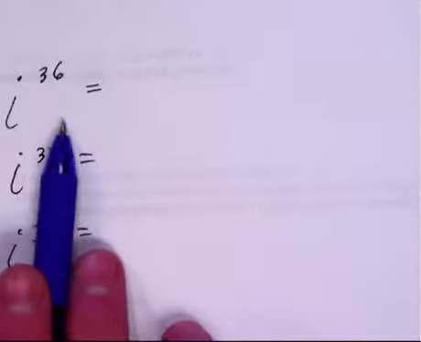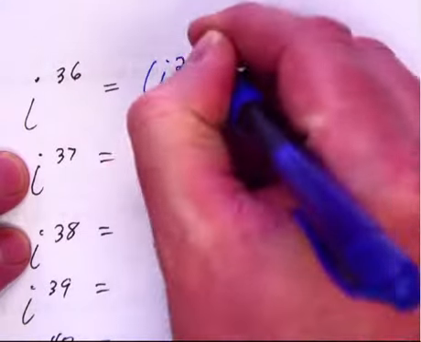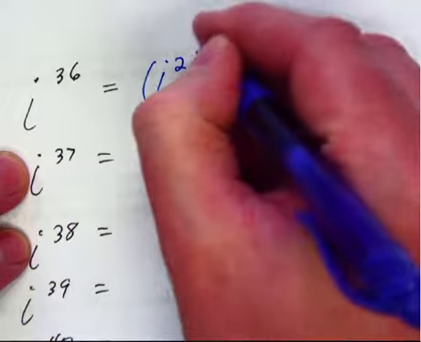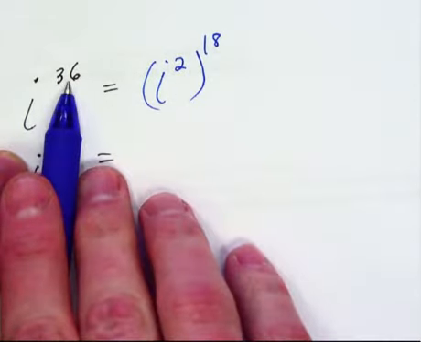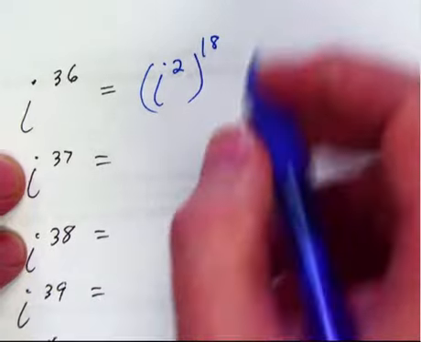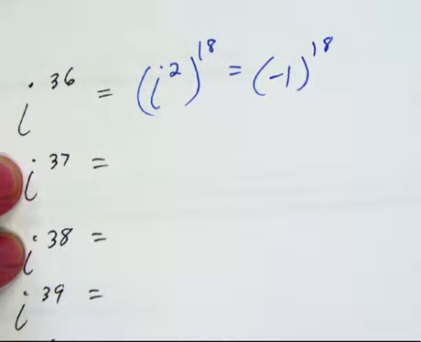So if you look at this one, if I do i to the 36th power, i to the 36th power is i squared how many times? Well, that would be 18, because 18 times 2 is 36, so that's i squared 18 times. Well, that's really just asking what's -1 to the 18th power.